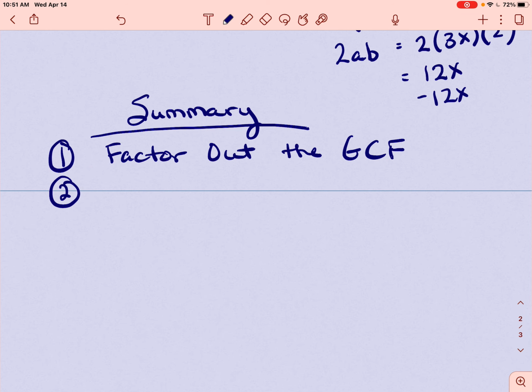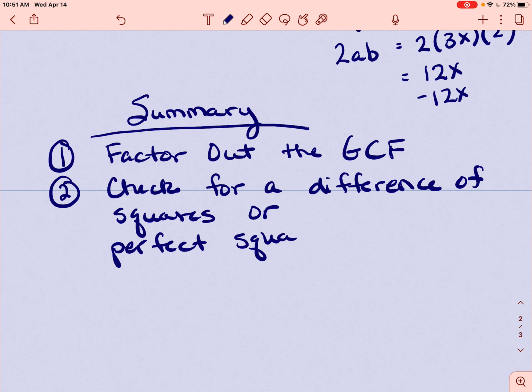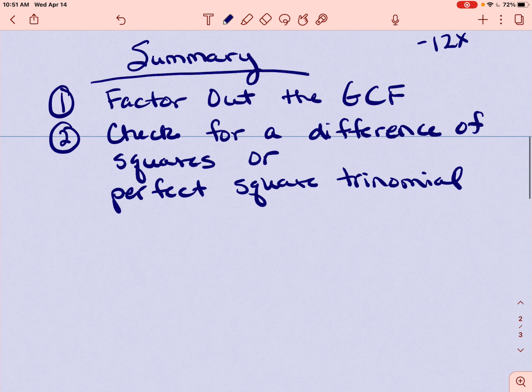Step 2, check for a difference of squares. That's the most important one. Or a perfect square trinomial, if you can catch that. That one's not as critical. You'll just be doing more work if you don't.